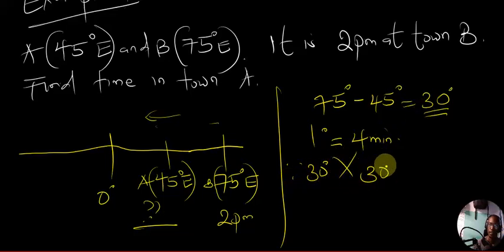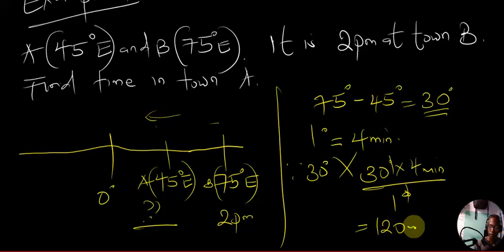We'll have 30 degrees times 4 minutes divided by 1 degree. The degree will cancel out. So we will have 30 times 4, which is 120 minutes. When you divide by 60, that is exactly 2 hours.